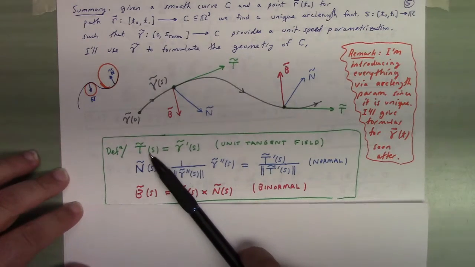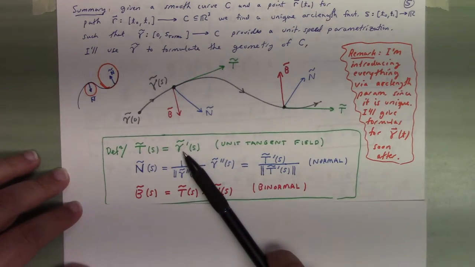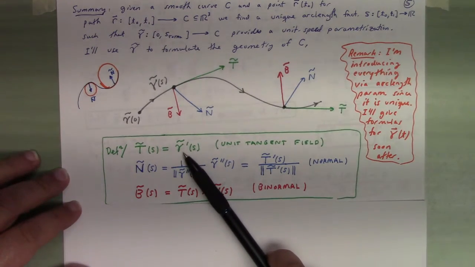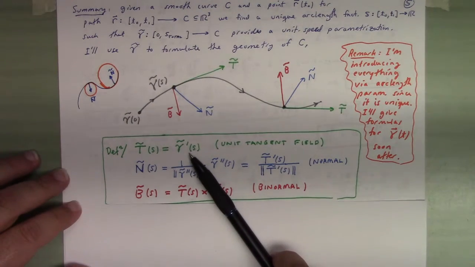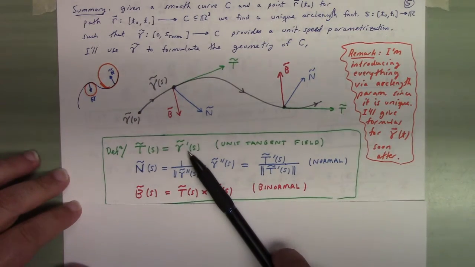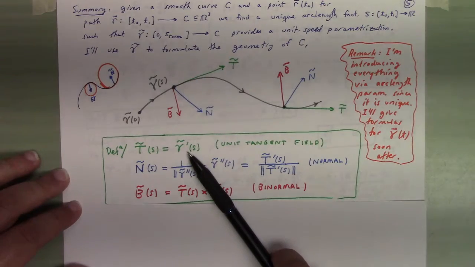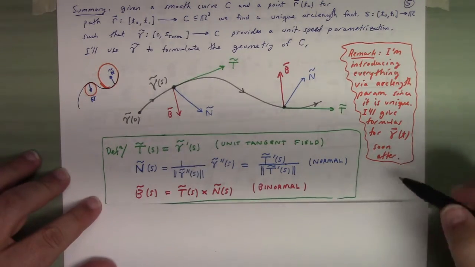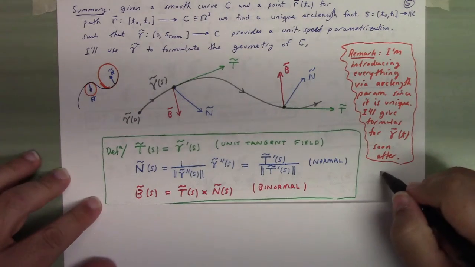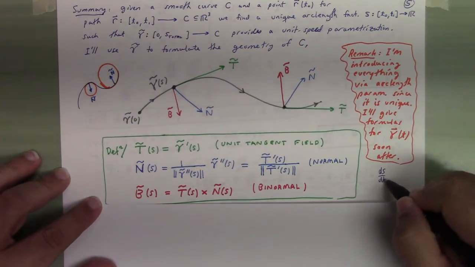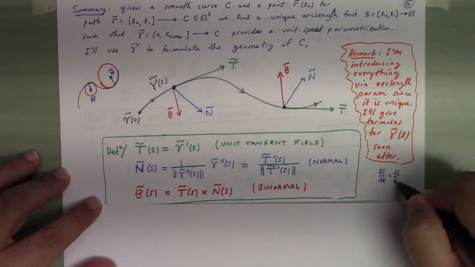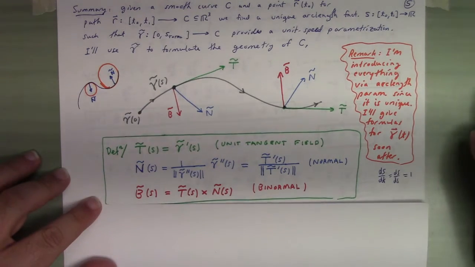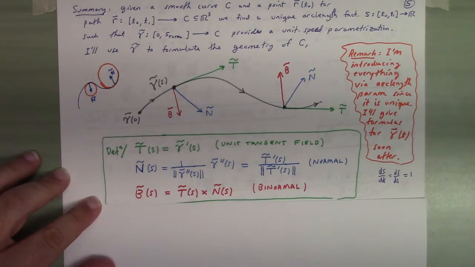First of all, the unit tangent we define to be gamma tilde prime. Now we know that it has unit length because, remember, the magnitude of the velocity is the speed, and when we parameterize with respect to arc length, ds/dt is really ds/ds, so no surprise, it's 1. So unit speed.